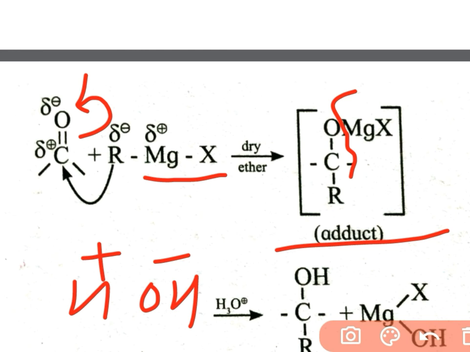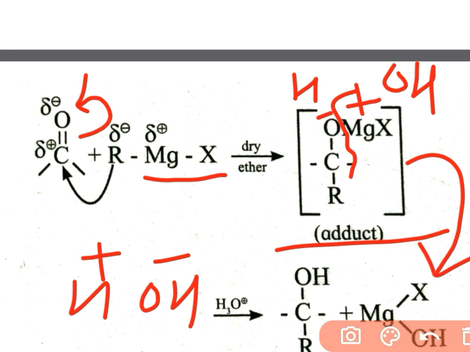See here, O is minus and Mg is positive. So H is combined with this O minus and OH is combined with this MgX and gives the final products.